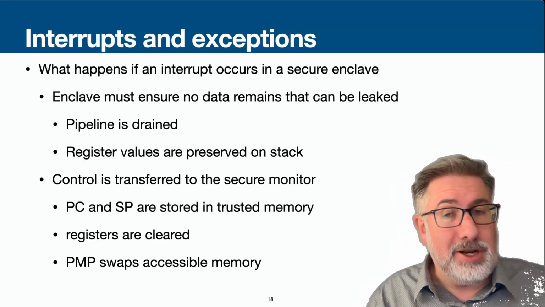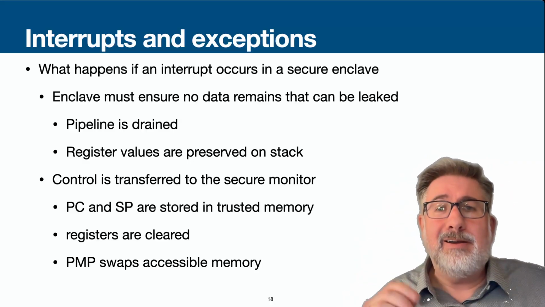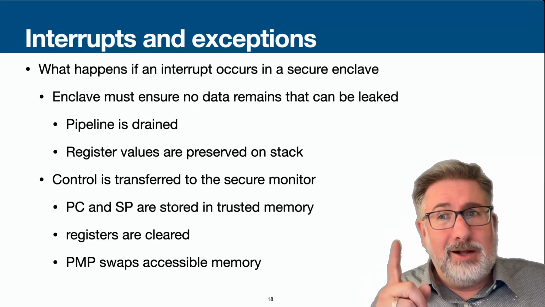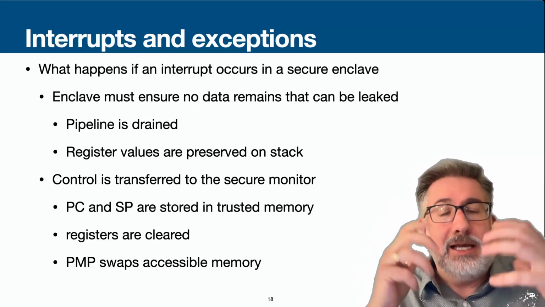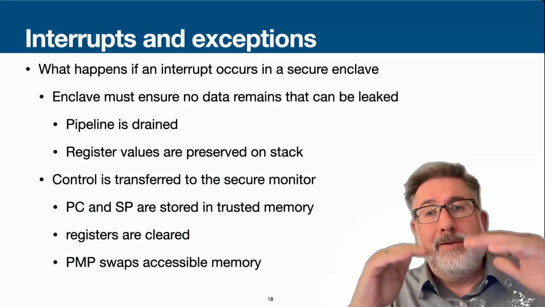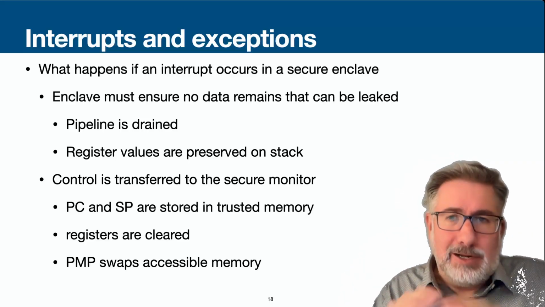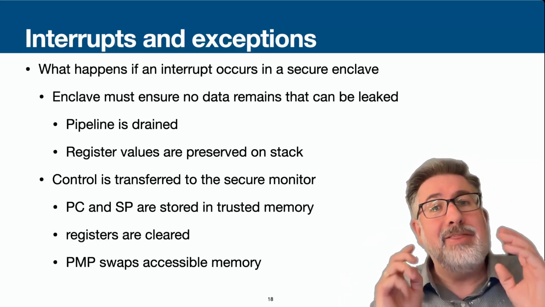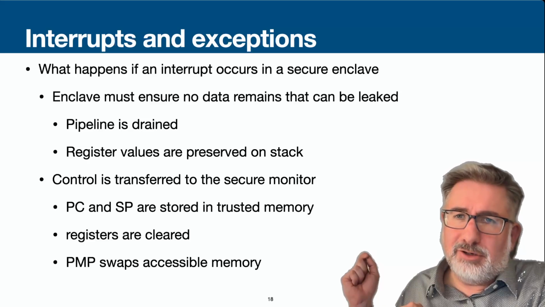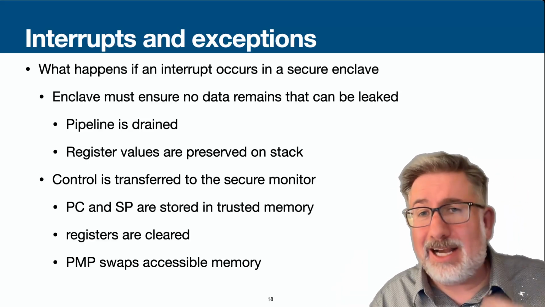So I'm operating in an enclave, things are trucking along, and there's an interrupt. Well, what happens is instantly my process is halted. My pipeline is drained, my register values are preserved on a stack, and then control is transferred to the secure monitor. Now, how do I get stuff back? How would I start back again?